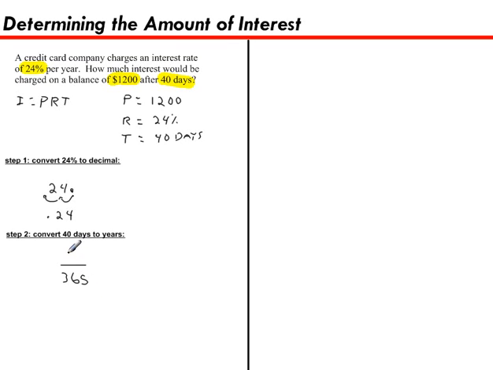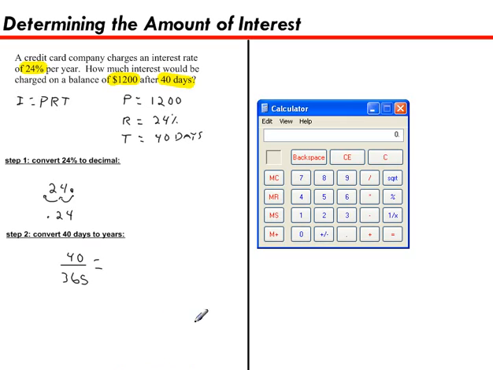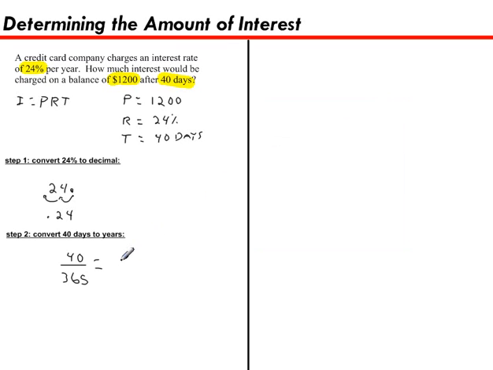So I'm going to divide 40 days by 365, and that will give me a decimal in years. So I'm going to bring in the calculator for this. 40 divided by 365 gives me a very long number, but I'm just going to round this to 2 decimal places. So this is going to be 0.11. So 40 days is 0.11 of a year.